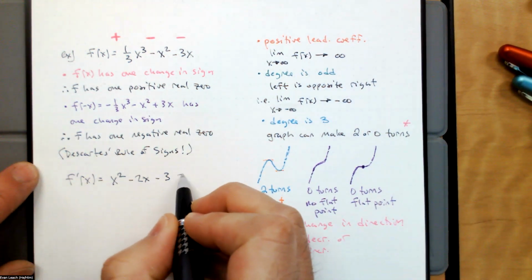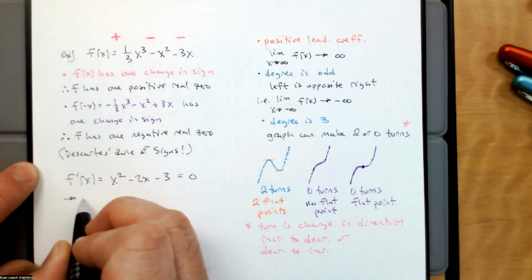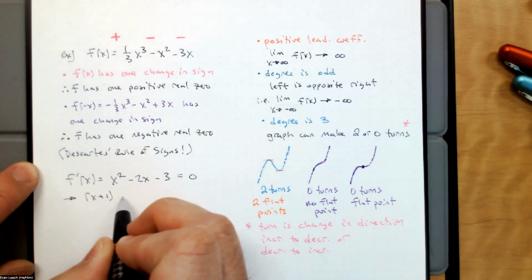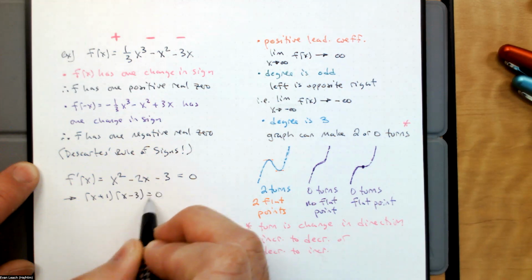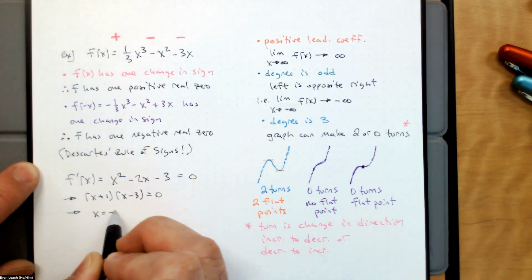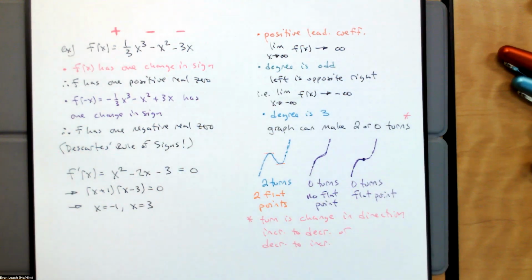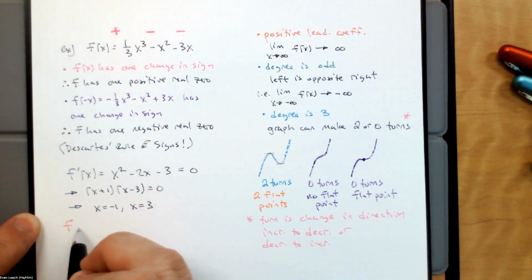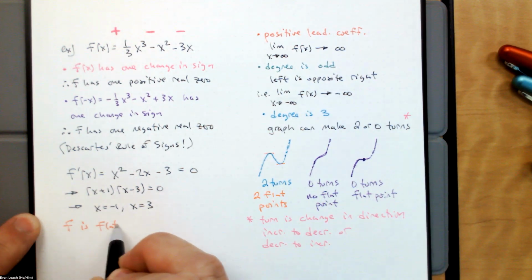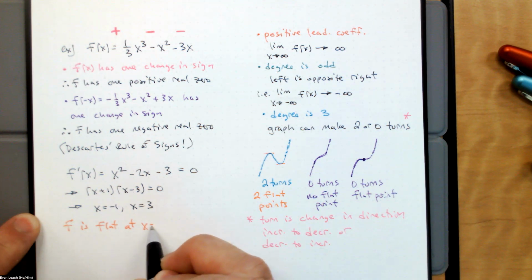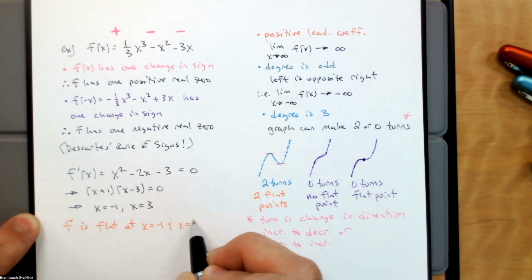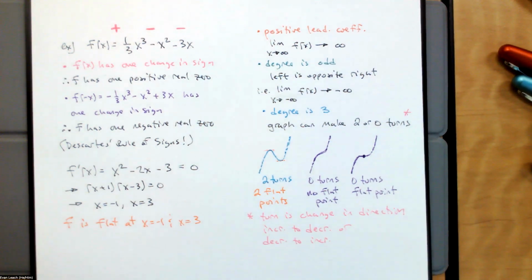If f prime of x equals 0, we see that there are two places where the function is flat. So we see that f is flat at -1 and 3.